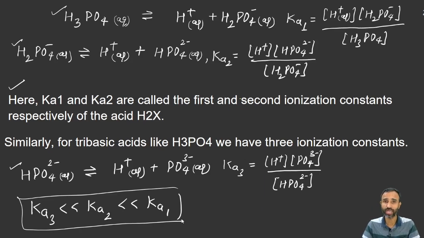In the first step, the maximum number of H plus ions are formed. So if Ka3 is very much less than Ka2, and both are very much less than Ka1, what we do is take the H plus ion concentration from Ka1 only and get the pH. That we will discuss later on, but at present keep in mind that higher dissociation constants are always very much less than the lower dissociation constants.